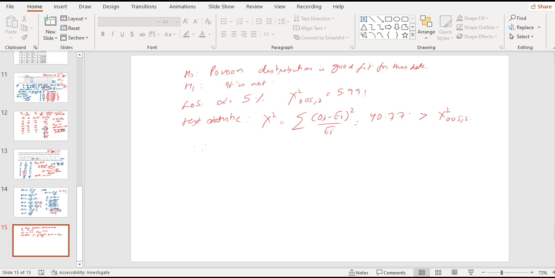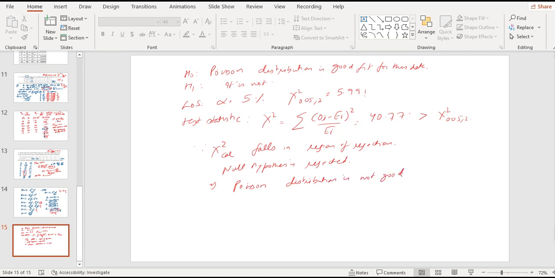So because chi-square calculated falls in the region of rejection, hence the null hypothesis is rejected. So what can we conclude from here? That the Poisson distribution is not a good fit for the given data, hence the result.